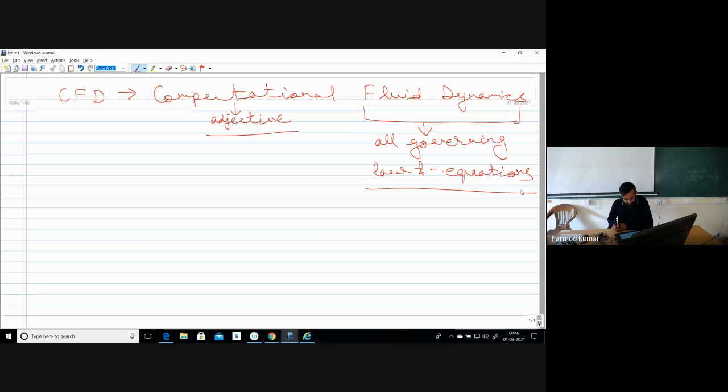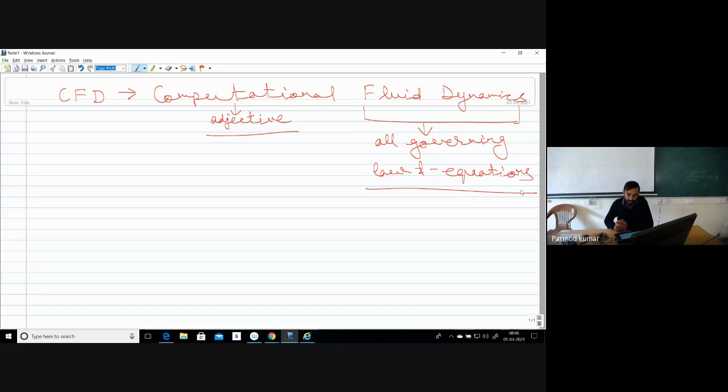And while we study the physical meaning of these equations, because we are not mathematicians, we are engineers, we should be able to find the physical meaning which is associated with the mathematical equations.